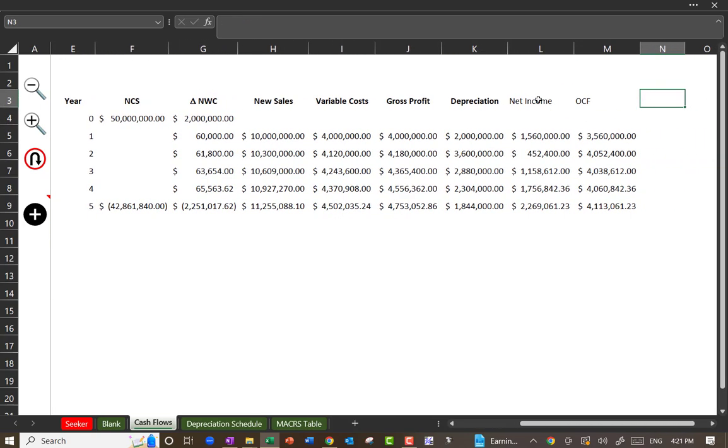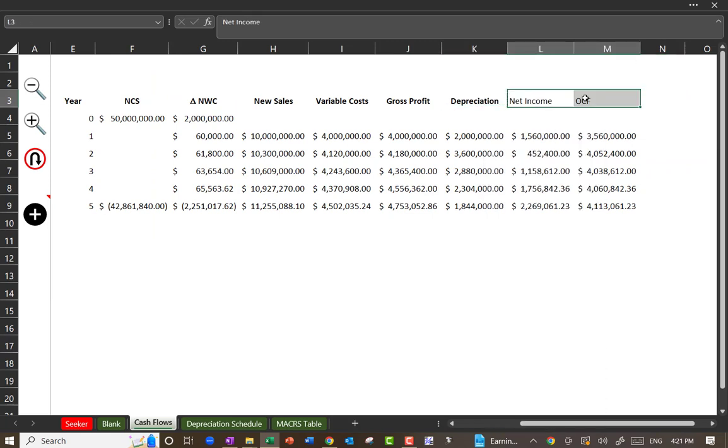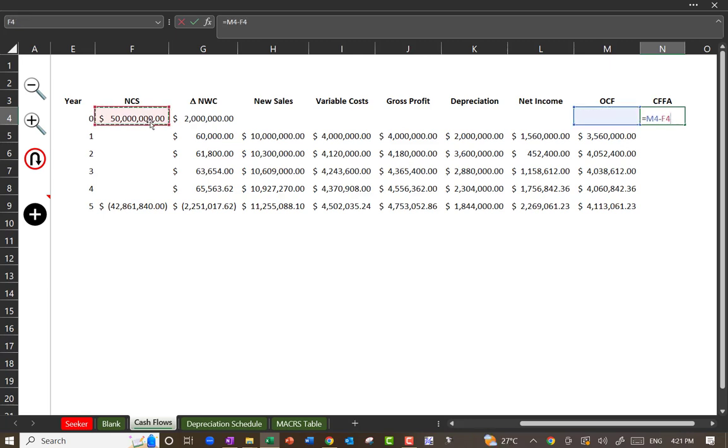Once I have my OCF as well, CFFA is simple. You start with OCF minus net capital spending minus net working capital.